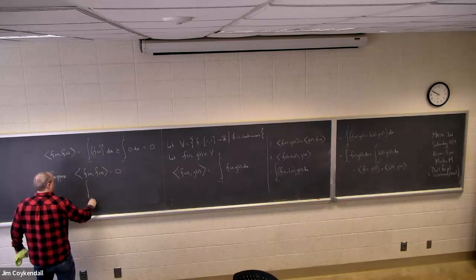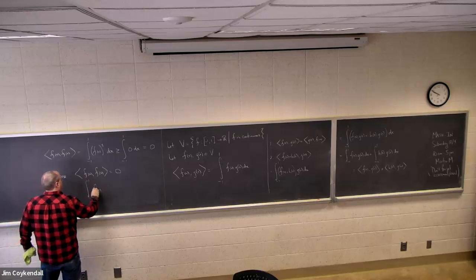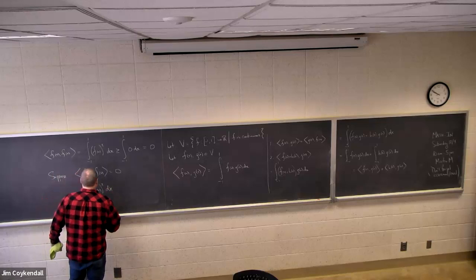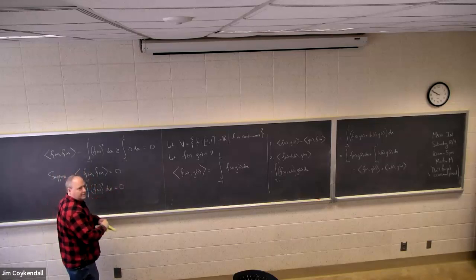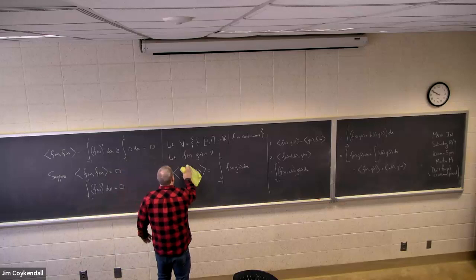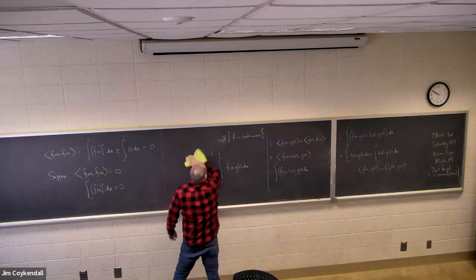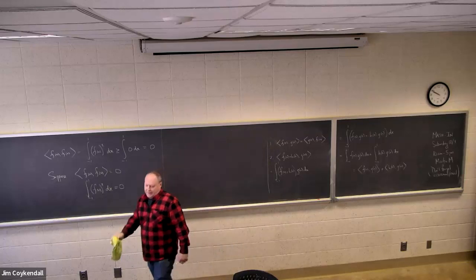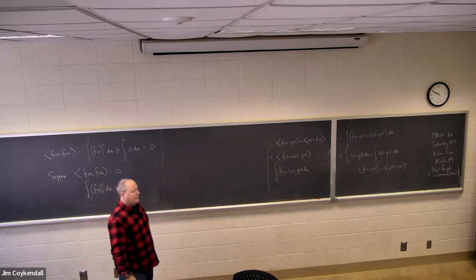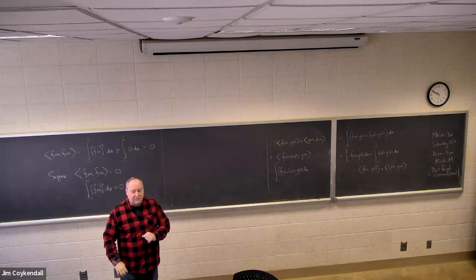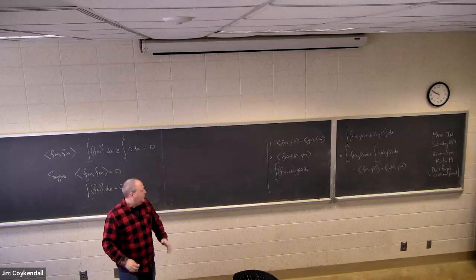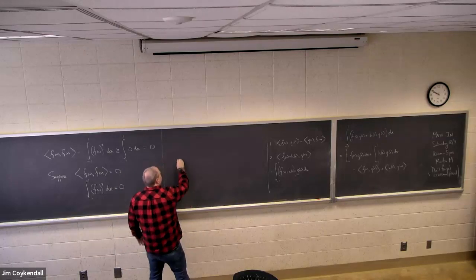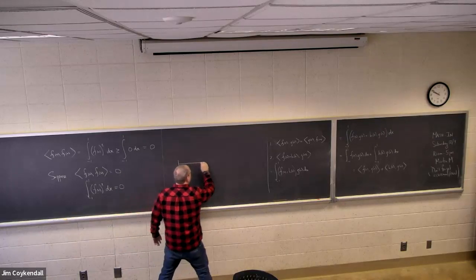Then this means the integral from -1 to 1 of f of x squared dx is 0. Now I'm gonna really wave my hands at this. I'm not gonna do a careful treatment unless you're excited about this, and you can come by my office and I'll be happy to talk about this. You may regret it, but I'll be happy to talk about this afternoon.